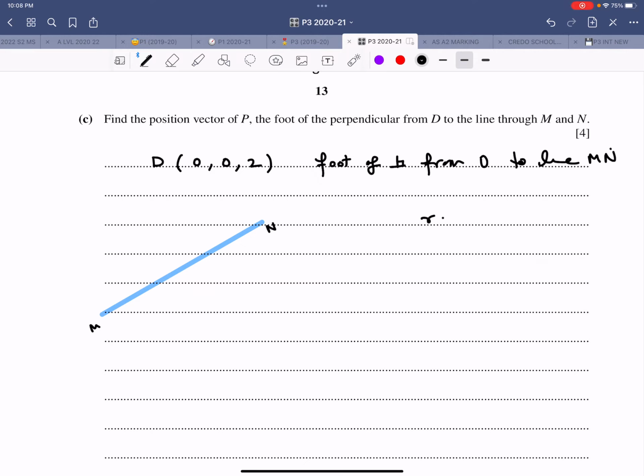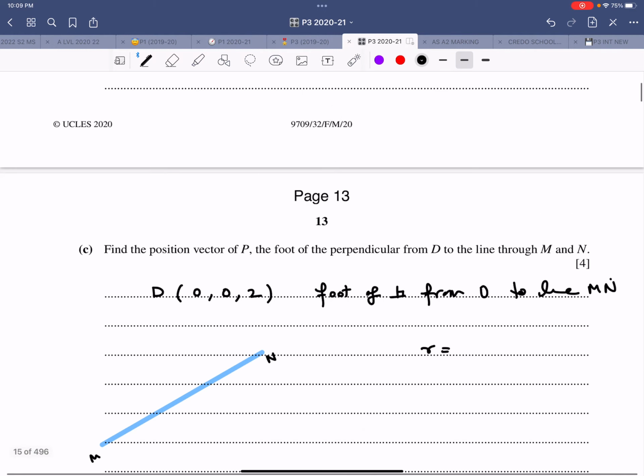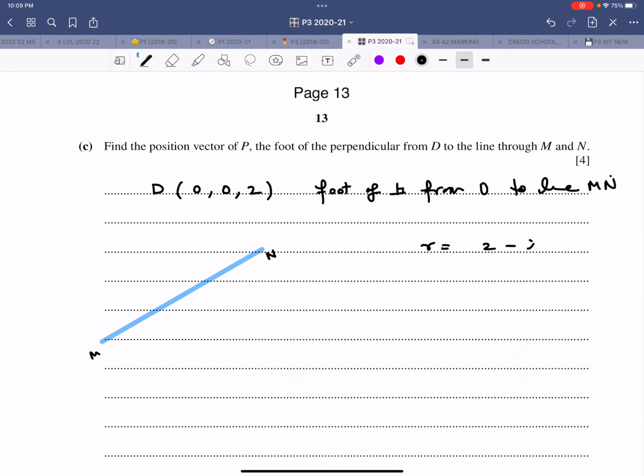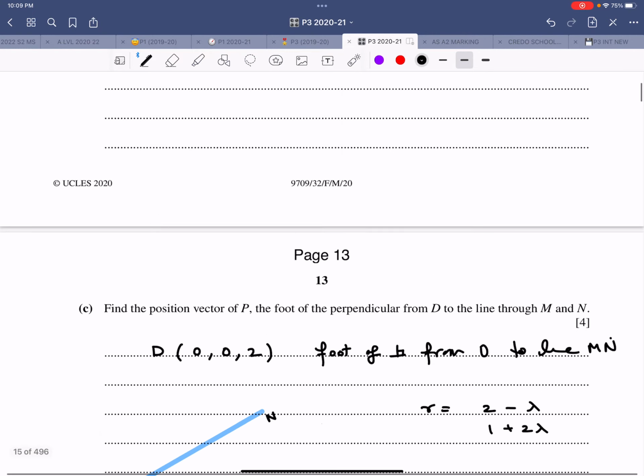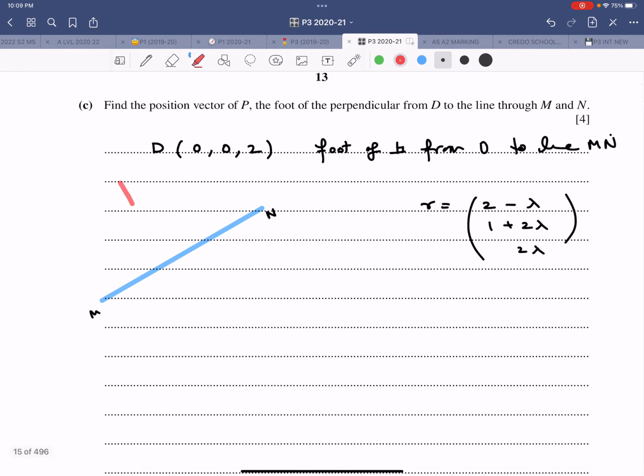So r equals 2 minus lambda, 1 plus 2 lambda, and 0 plus 2 lambda. This is the position vector of any point on the line. Let me first draw it like this. So it's going to go like this. This is your D, which is 0, 0, 2.